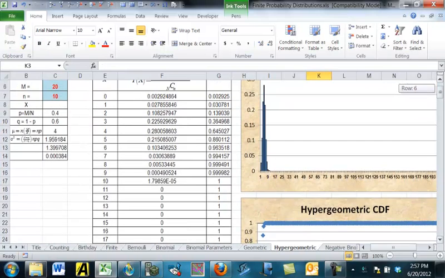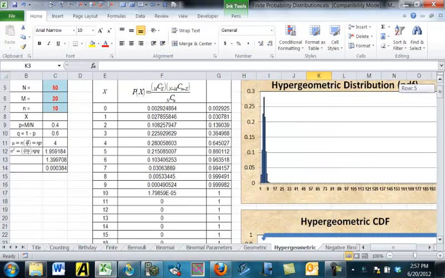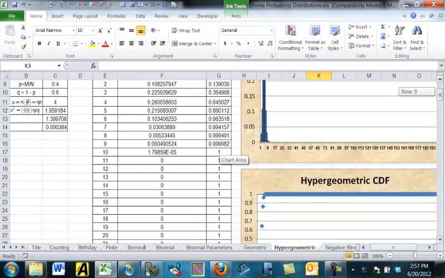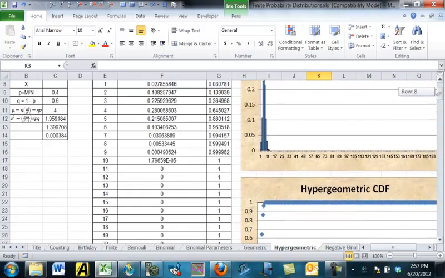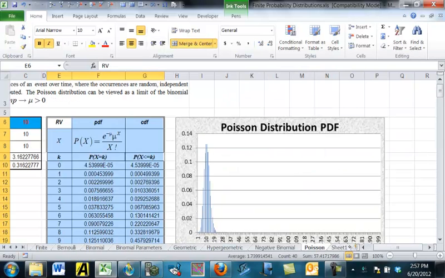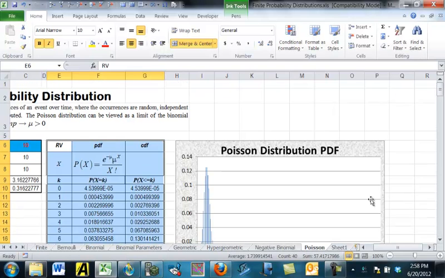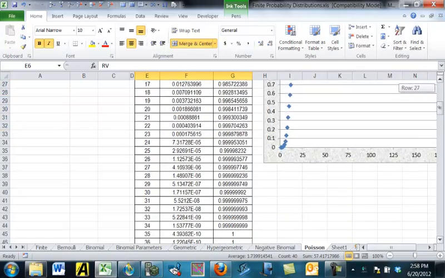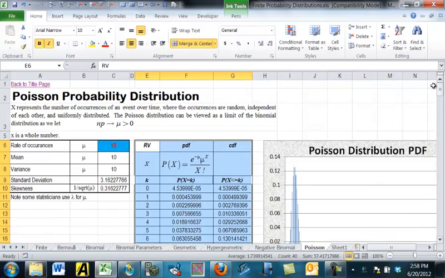And you can, by keeping this here, for example, you can change these numbers and see how that affects the distribution over here in terms of the CDF and the PDF. And negative binomials, back where we started. The Poisson you saw earlier on the page talking about this. Same unit, same section in Blackboard.